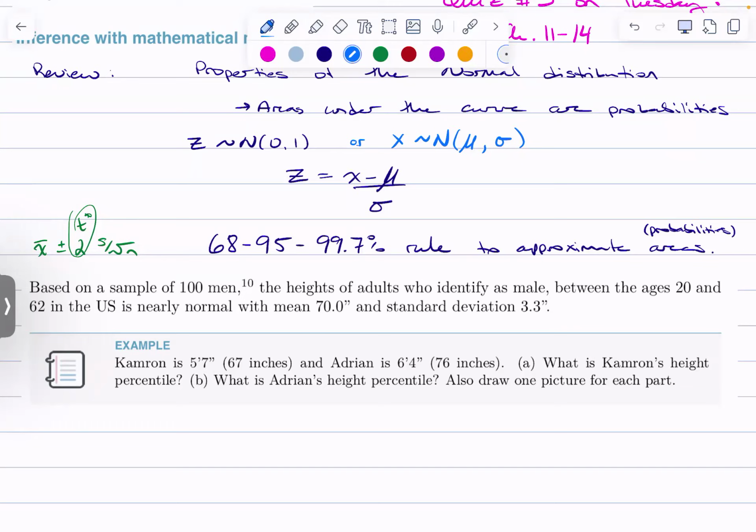And today we'll also introduce the inverse normal option, which if you had to guess, what's that going to do? It's going to take some area.